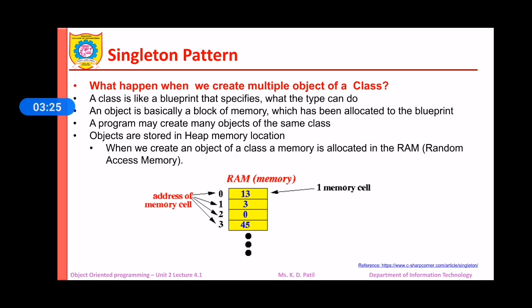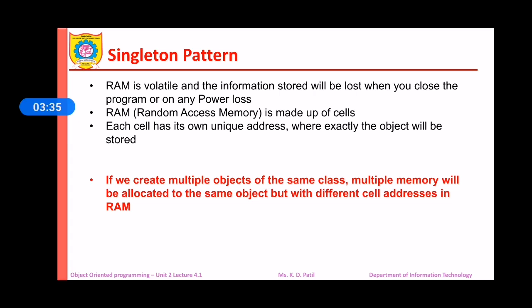Please observe the diagram. When we create different objects for the single class, what will happen? Let us see. The random access memory consists of different cells, and as the random access memory is volatile, the information stored will be lost when we close the program or when there is any power loss.